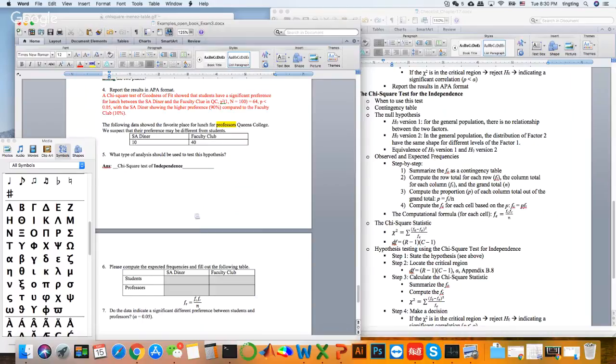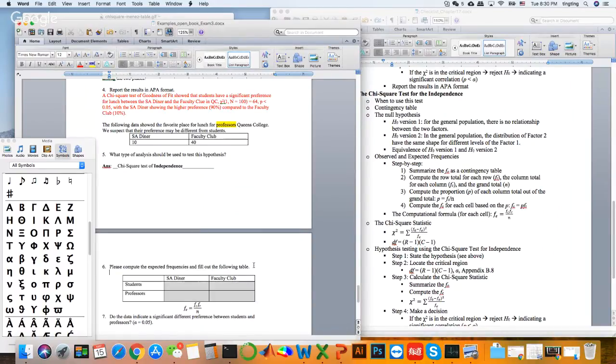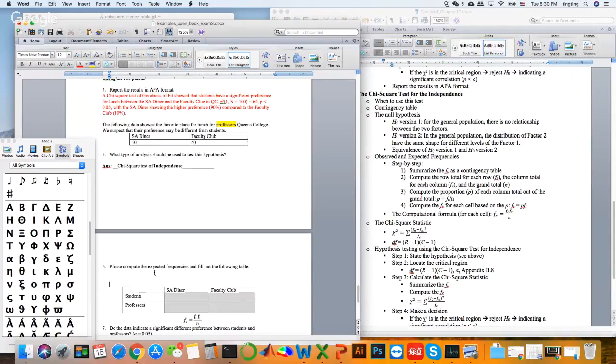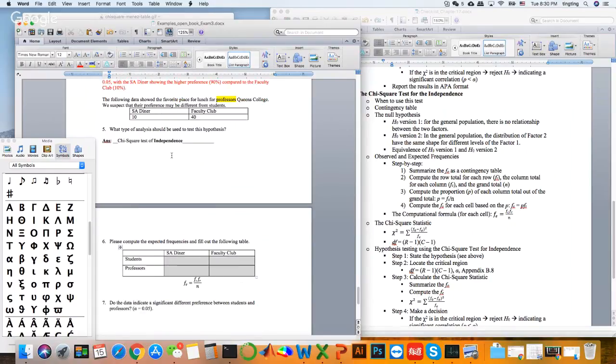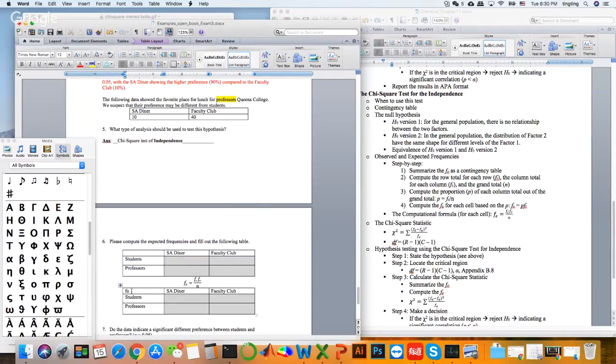Before we have this computational formula, you have to organize the FO into this kind of table. This is observed frequency because we need to compute the row total and the column total.